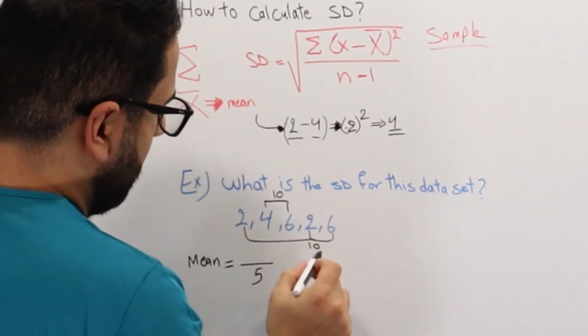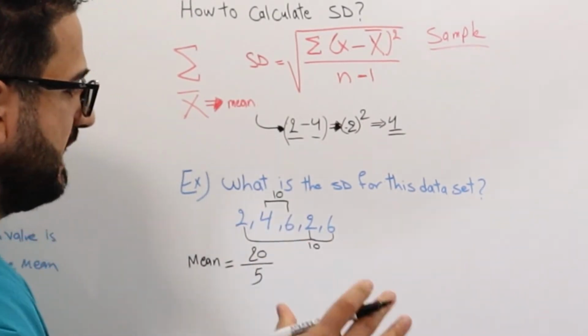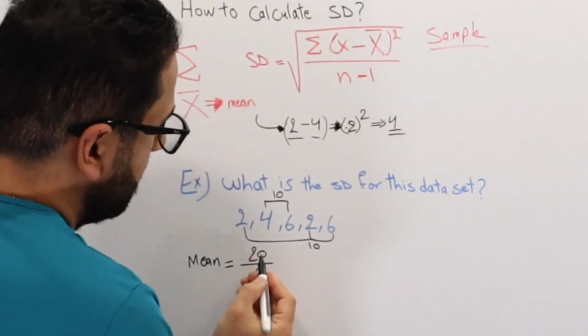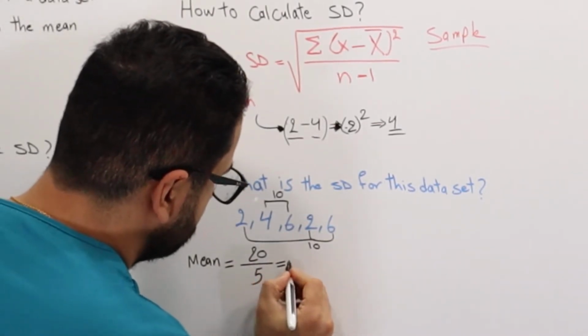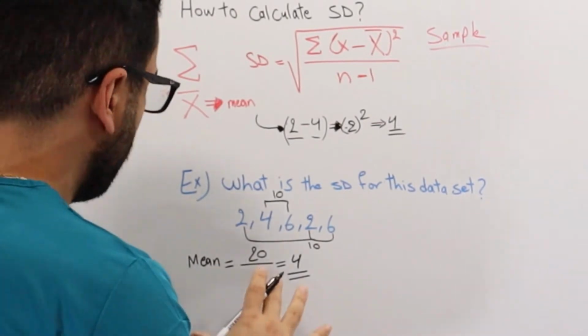So the total value is basically 10 plus 10, it's 20. And like I said, I made the numbers so easy just to understand how to calculate the standard deviation. So 20 over 5 is basically 4. So this is the mean right now.